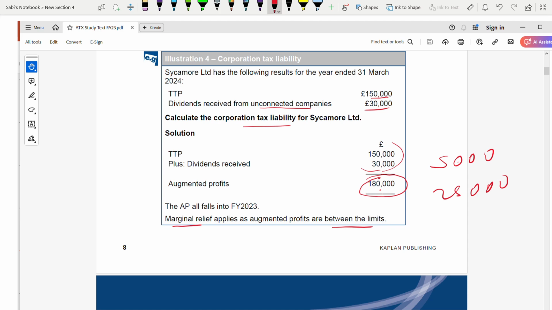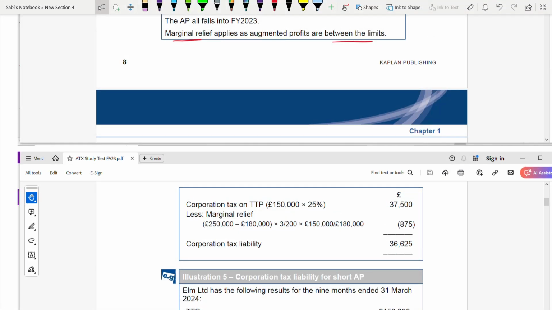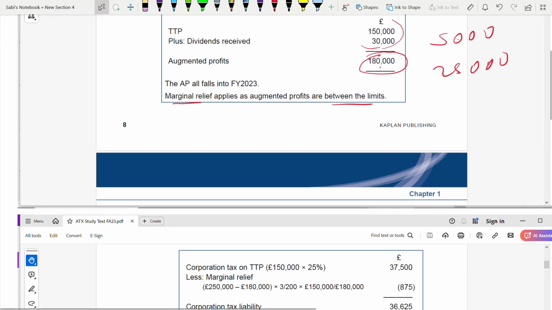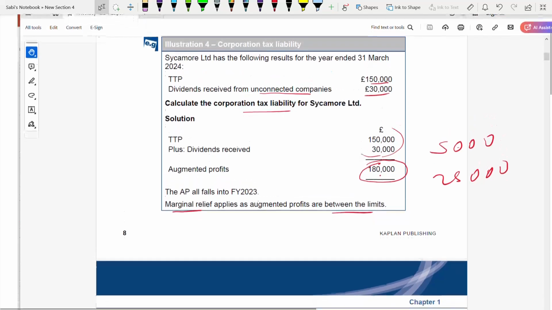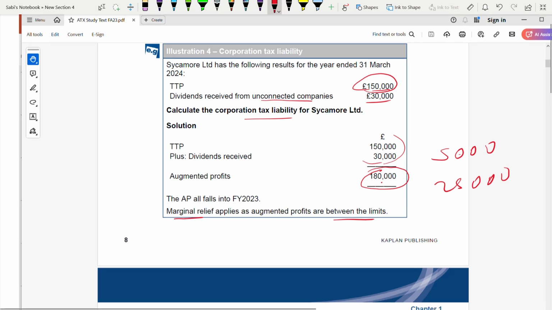So that's why marginal relief applies. This is how you calculate the marginal relief. First, calculate corporation tax. The corporation tax is 25% on 150,000. It's on TTP.